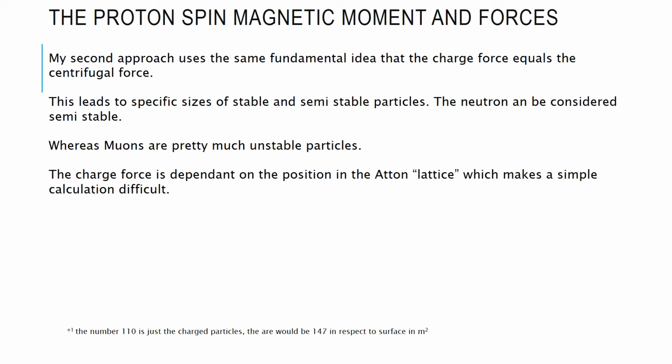This equilibrium depends a little bit on the structure of both the electron and the proton, which are really the only two real stable particles. The neutron can be considered semi-stable, and it basically decays into a proton.